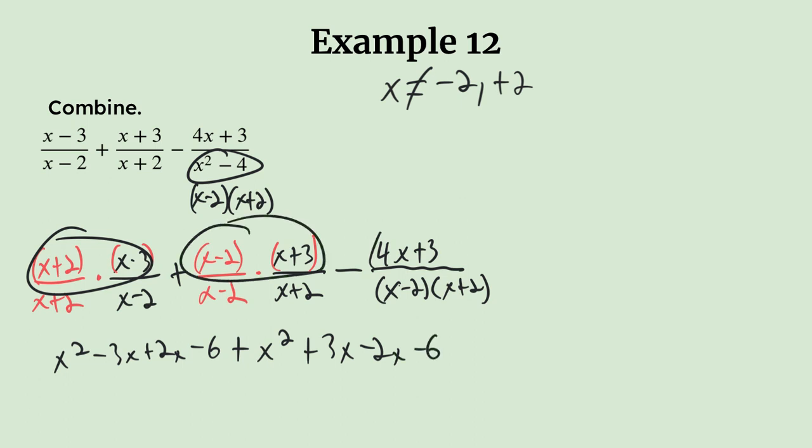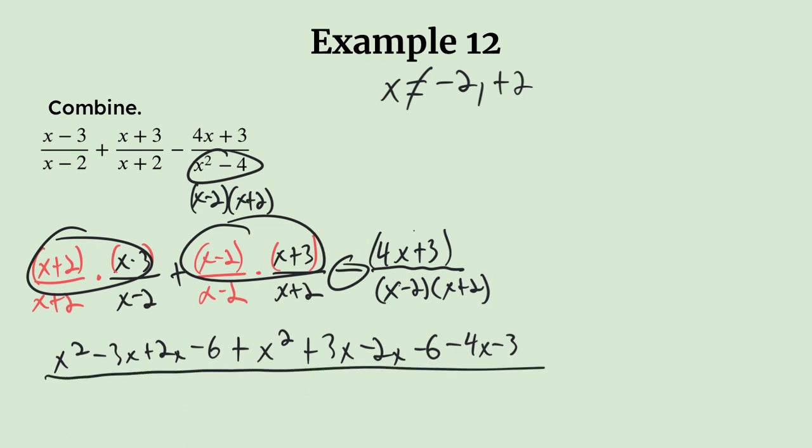And then this subtraction sign makes the 4x and the 3 opposites, so it'd be minus 4x minus 3 because you're now subtracting them, all over x minus 2, x plus 2.